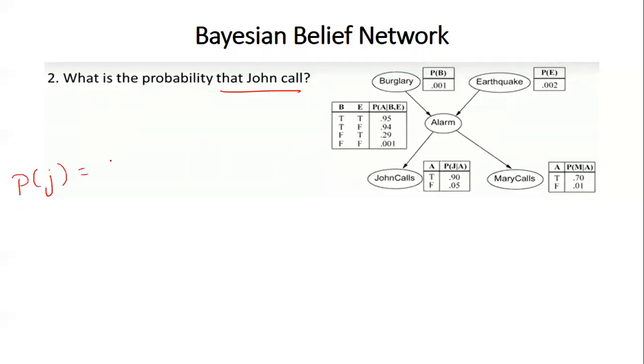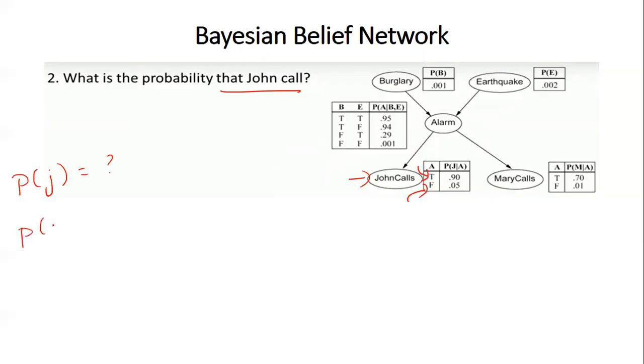The probability that John calls is equal to what? Now John calls depends on what? Alarm. So John calls depends on alarm. But that doesn't mean that John calls only when there is an alarm. Sometimes when there is no alarm, John also calls.